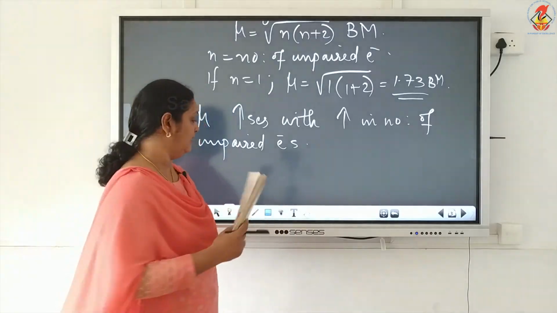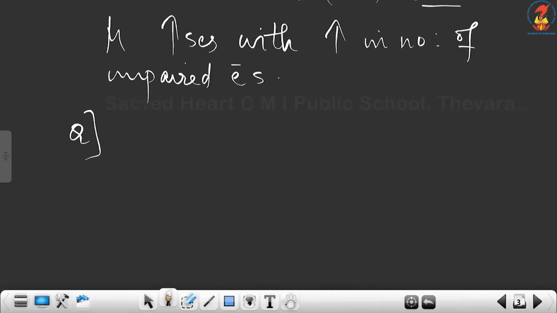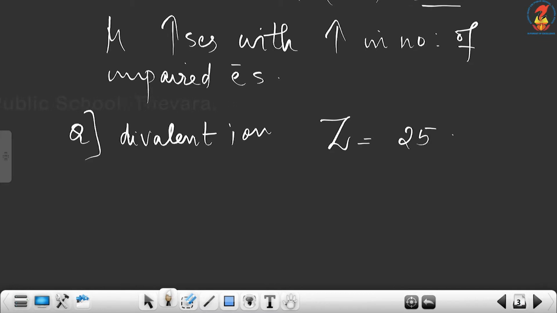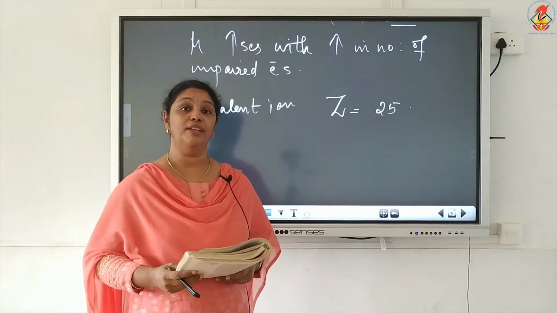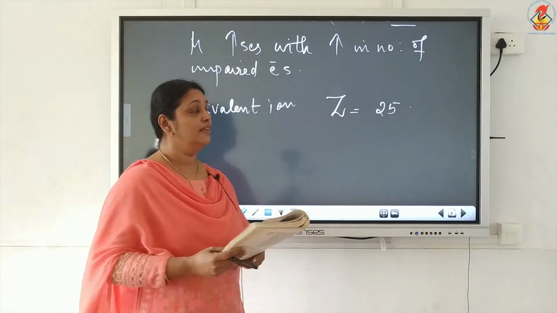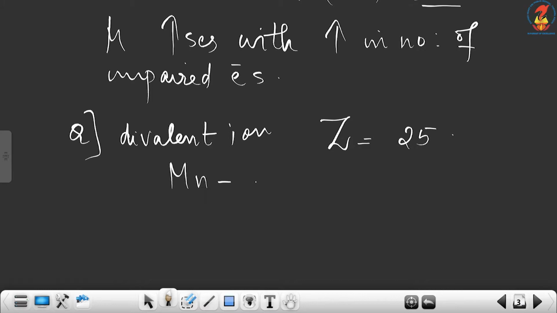The first question is: calculate the magnetic moment of a divalent ion in aqueous solution if its atomic number Z is equal to 25. We know the element with atomic number 25 is manganese. What is the electronic configuration of manganese?